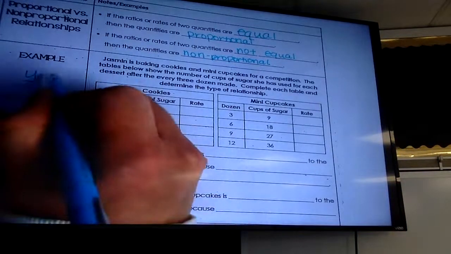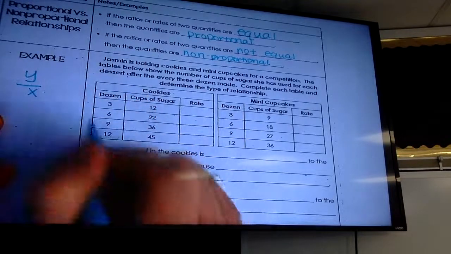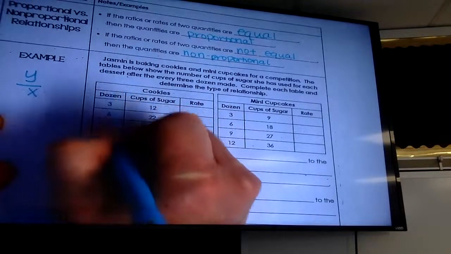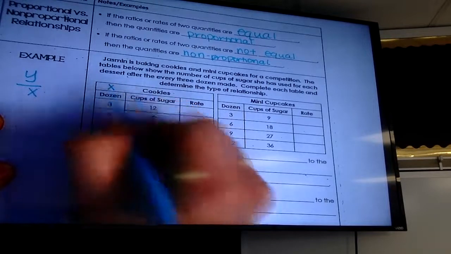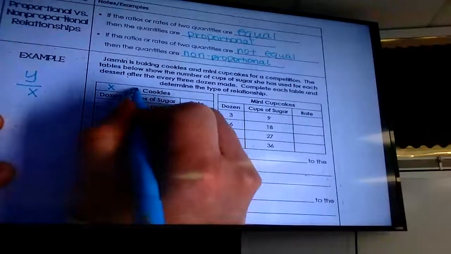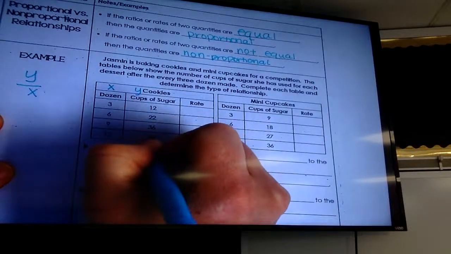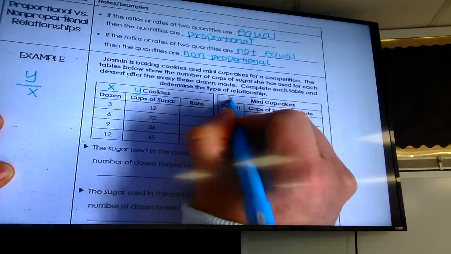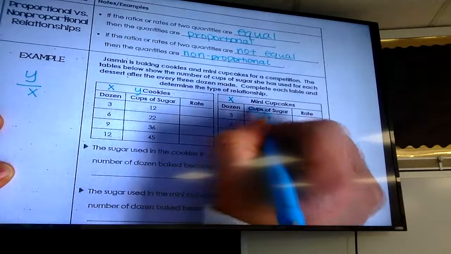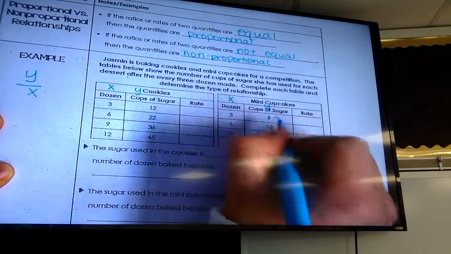That means we take the y and we divide it by the x. The first list of numbers is always the x, and the second list of numbers is always our y. So I'm going to put x right here to remind myself and y over here. Same thing over here. This dozen is going to be represented by x, and then these cups of sugar numbers, that's our y.